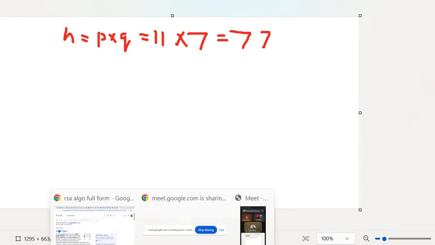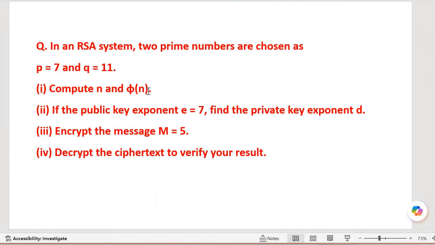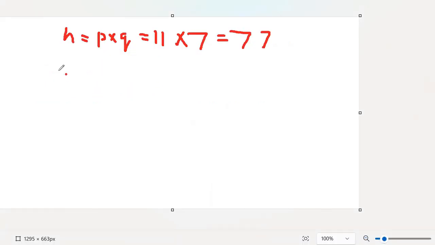and then what we have to do is compute phi n. Phi n means p minus 1 into q minus 1. Okay, so p minus 1 and q minus 1, phi n we have to calculate.